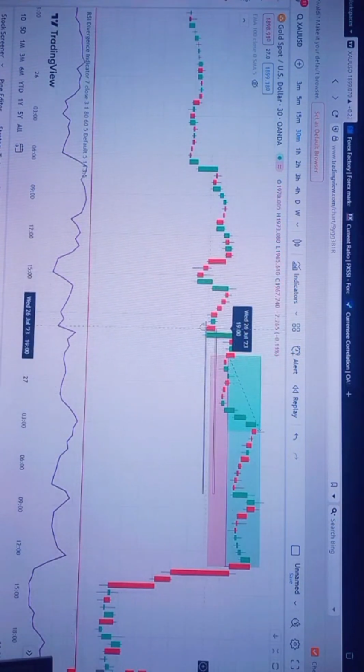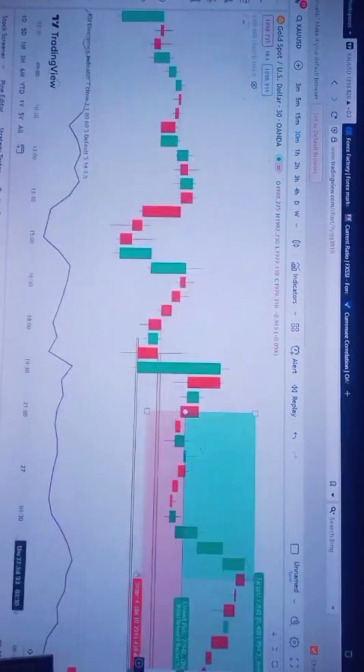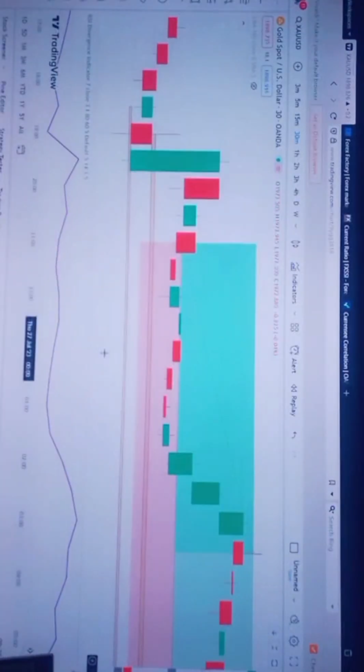Now, as you can see, this is the 7 o'clock news that came out. Look at the candle. It has an upper shadow, it has a lower shadow, and the price closes here.